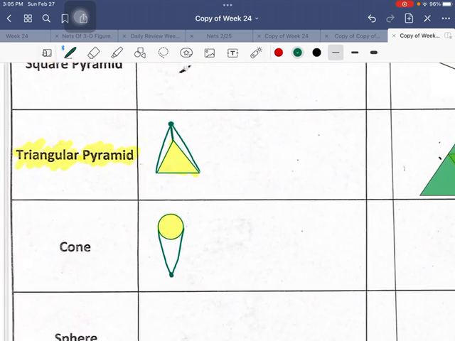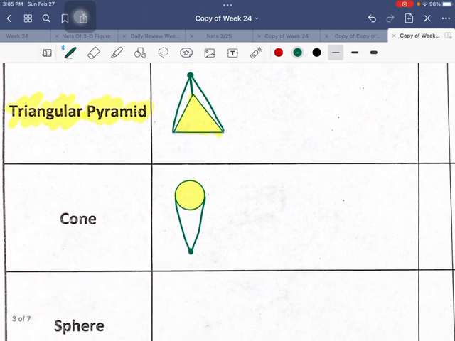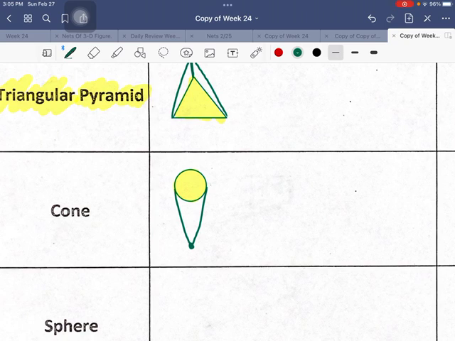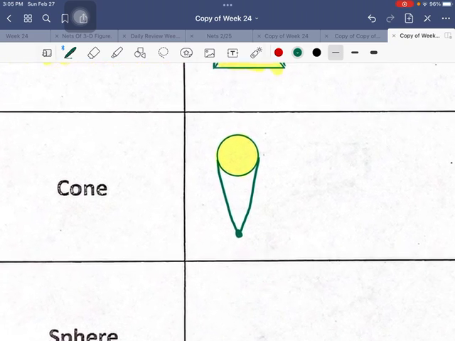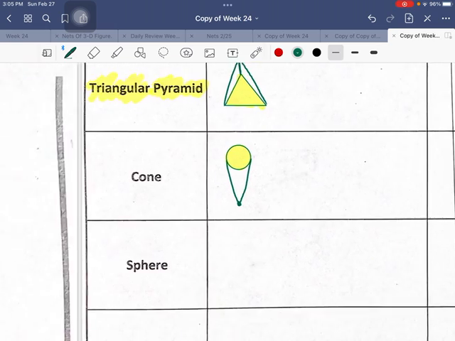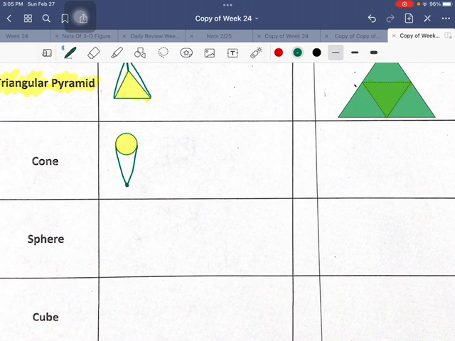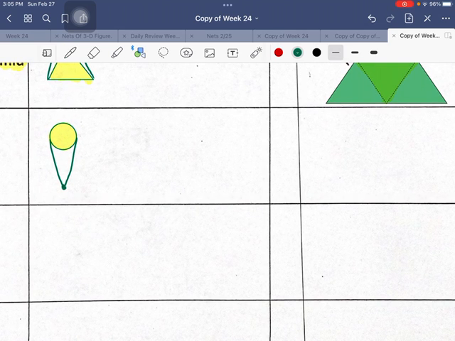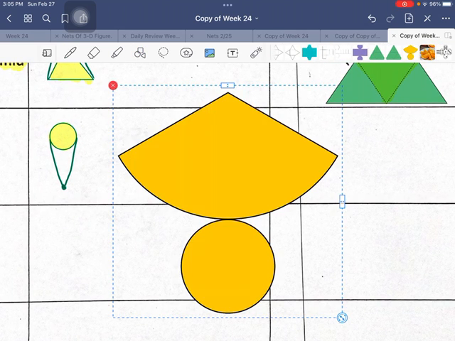Now, this is like pyramids, but since it's a little bit different, that's why it has a different name. But it still starts with C, so you can think about the C connected to the circle, and it's pretty good. Ahora, the net, the way it looks, is like this.